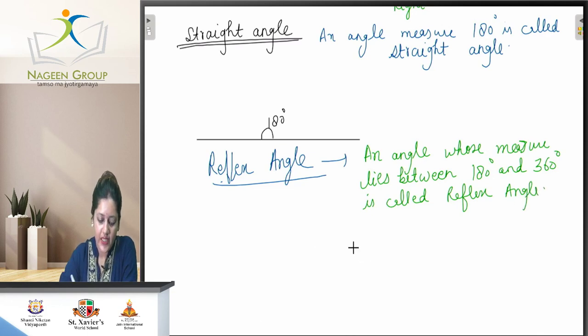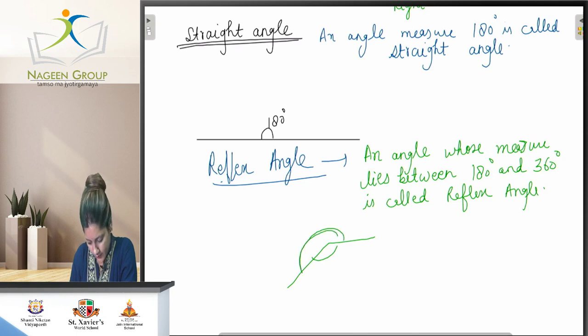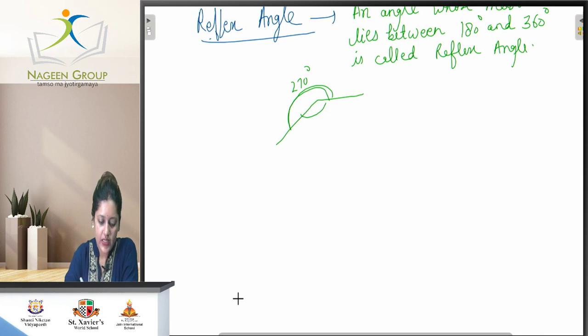If we make a diagram, the diagram is something like this one, 270 degrees.